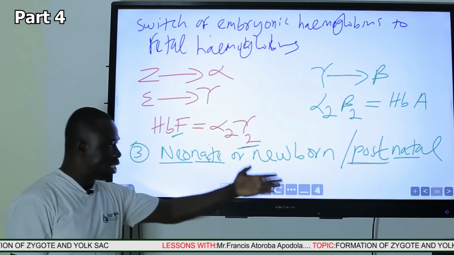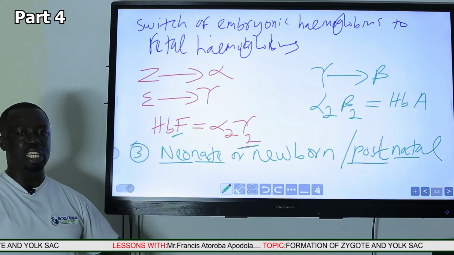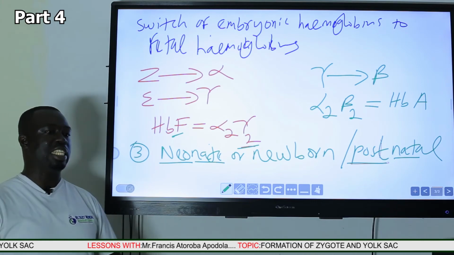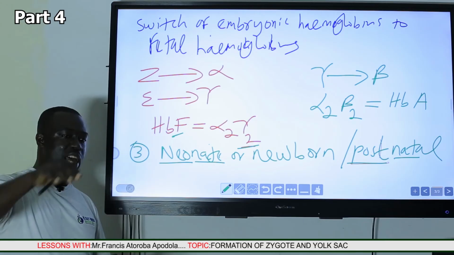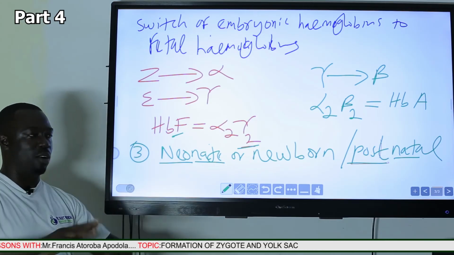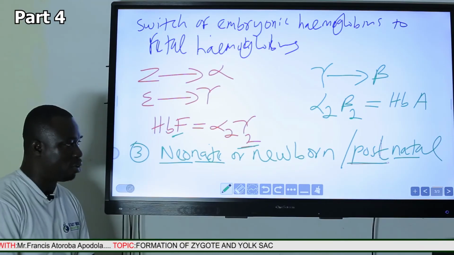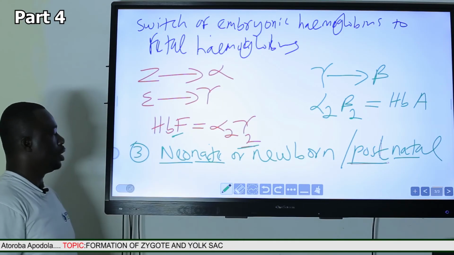So in the postnatal, now the fetus is out from the uterus and is now in the outside environment. The inside environment is the intrauterine. When the fetus is now out, we call the fetus newborn, neonate.